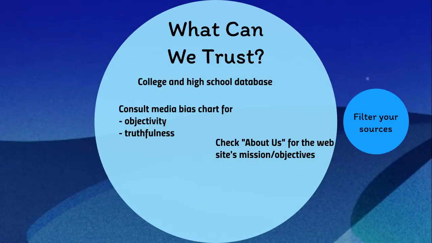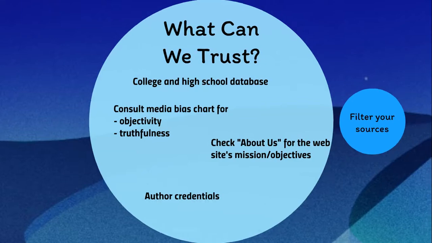Look at its mission, its objectives. Why does it exist? Look at author credentials, okay? Who is it that's doing this? Is it a reporter? Is it Joe Blow, giving their opinion on something? Are they an expert in what they're talking about?